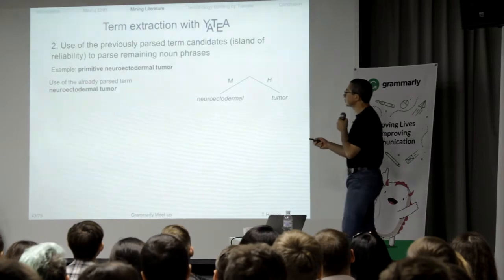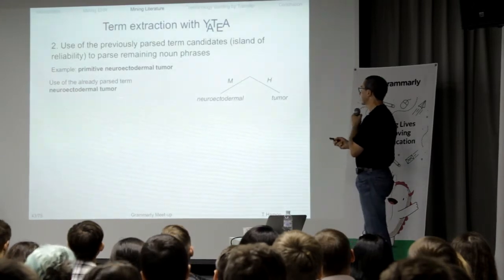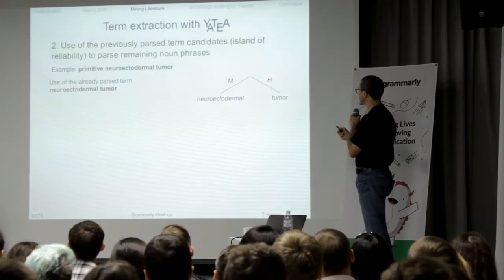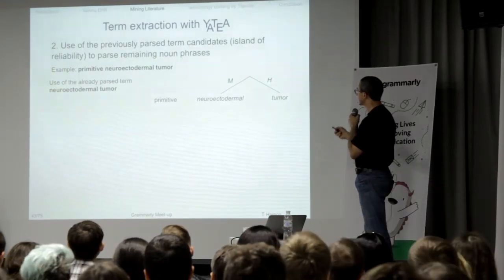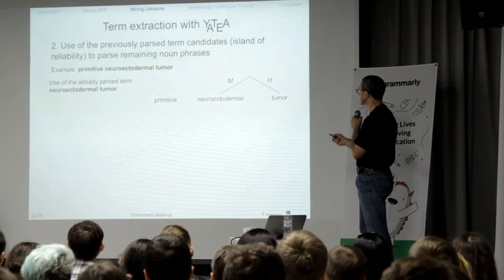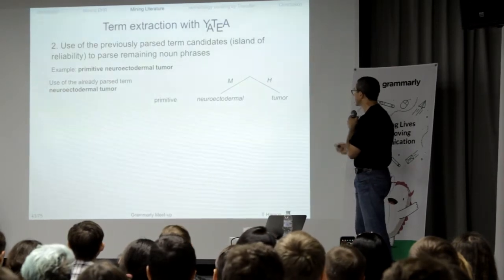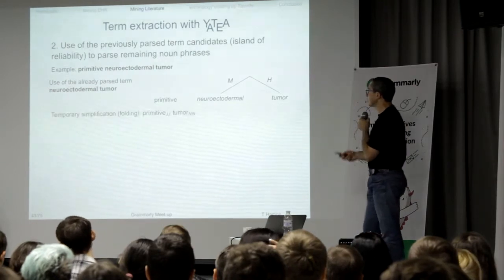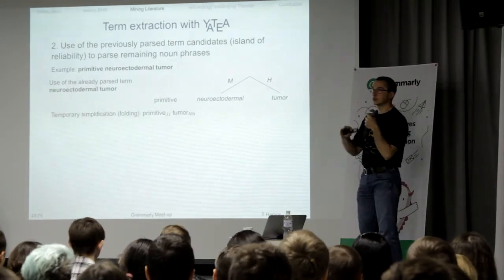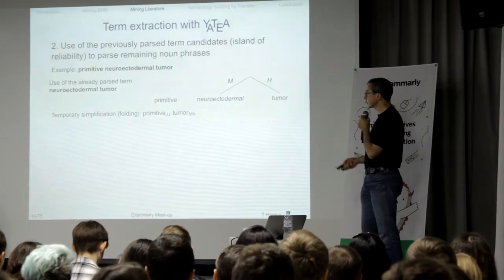So we use no extra grammar tomorrow term, which are parsed like this. So we project this syntactic information on the part of the full term, and then we do a temporary simplification.